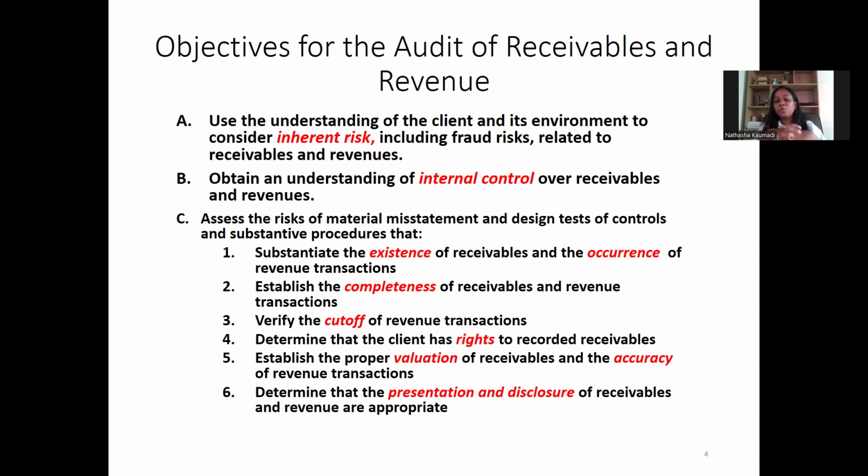Why? When you get to know the client's nature, past history, what has happened in the previous audits, the new market dynamics, everything about the client and the environment, you can assess whether there is an inherent risk in these revenue and receivable balances.